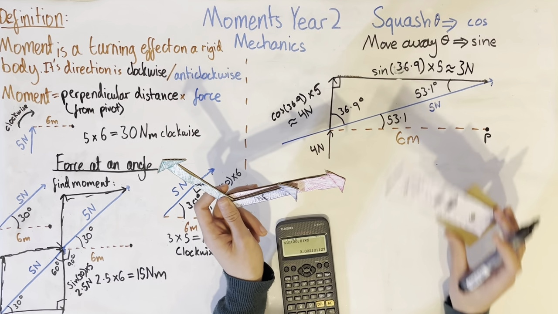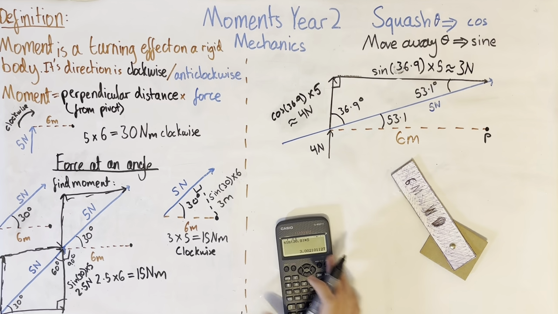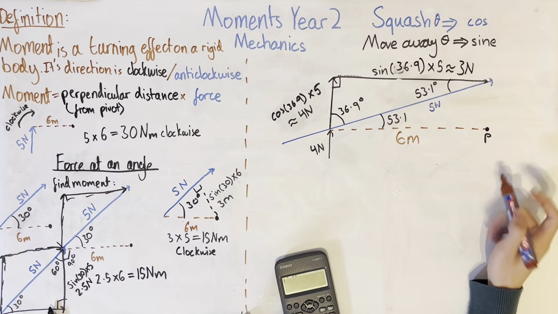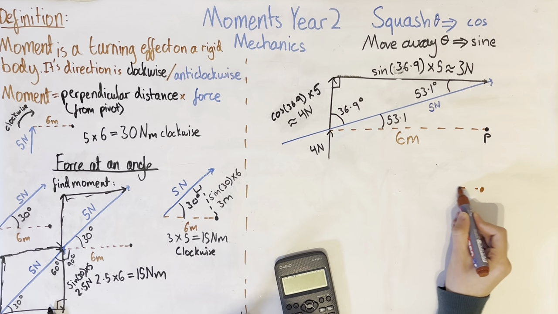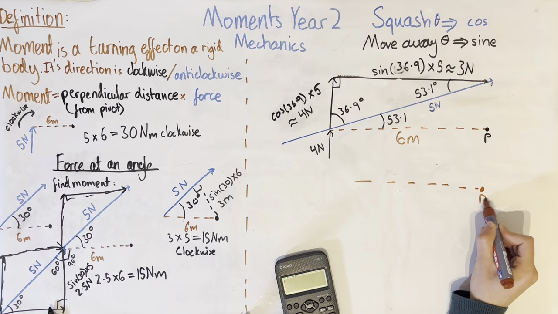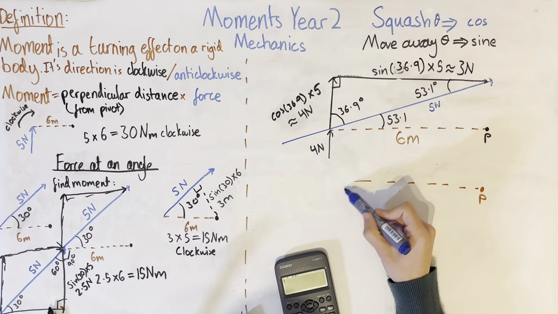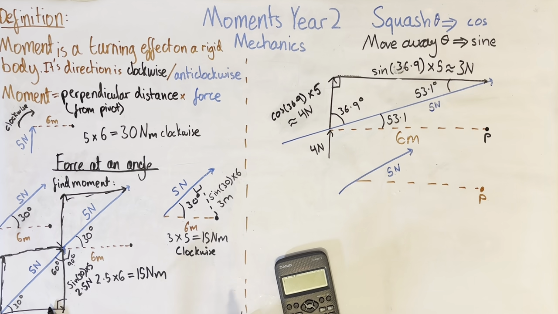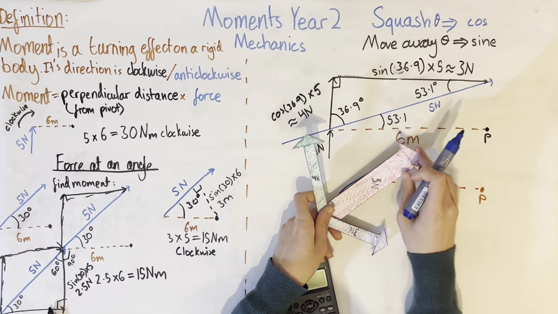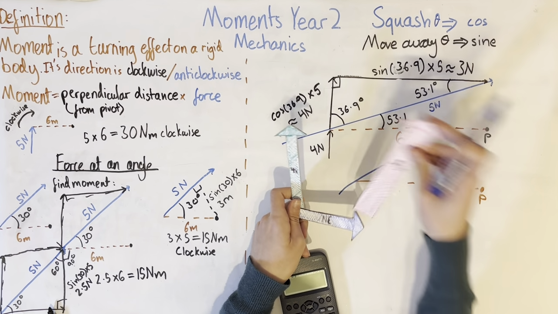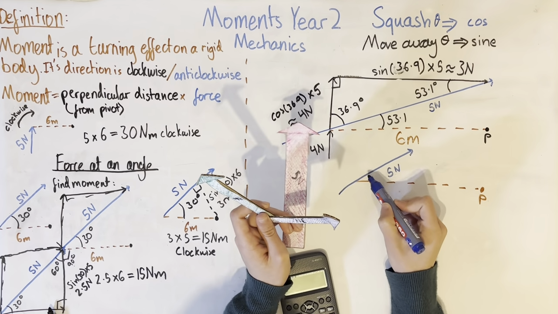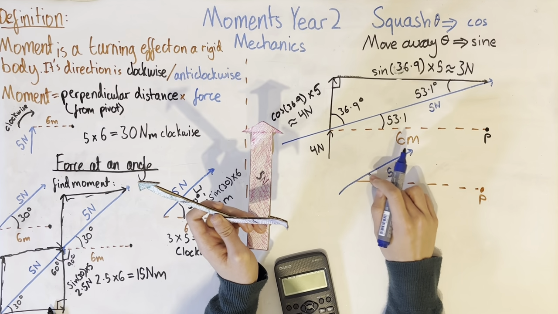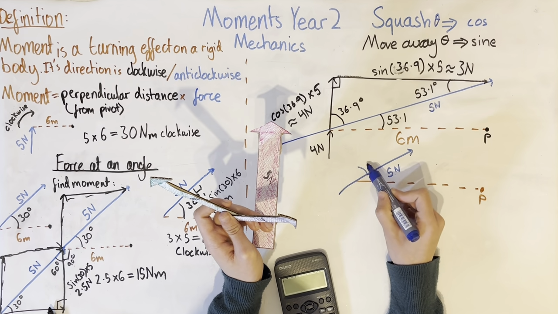So this is a method we can use when we don't want to draw a diagram. This time, if we just imagine it like this, that's the pivot, and this is 5 newtons of force. We're going to squash the angle, which means we're going to do cos of this angle, because we're squashing this angle here.